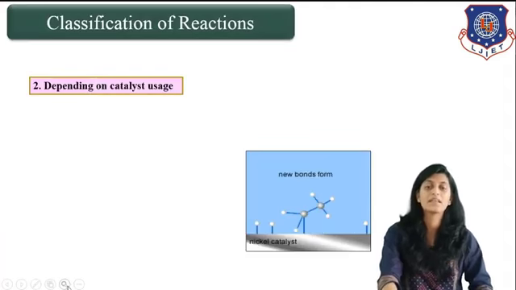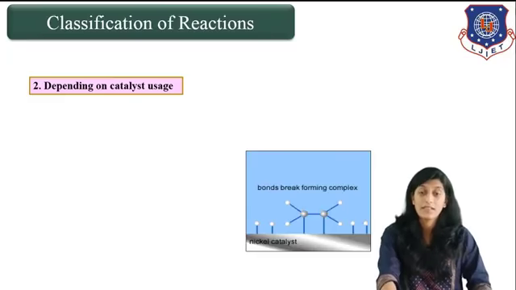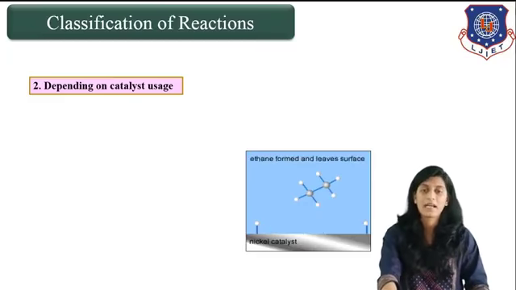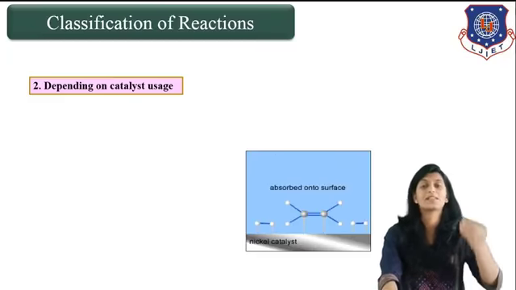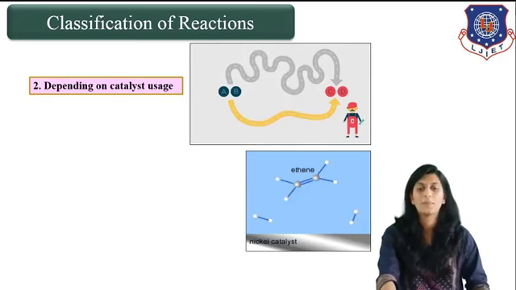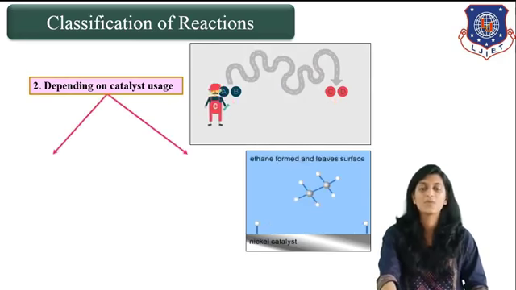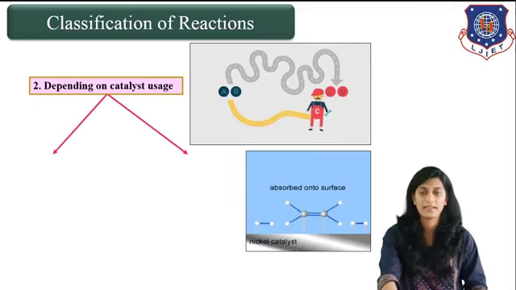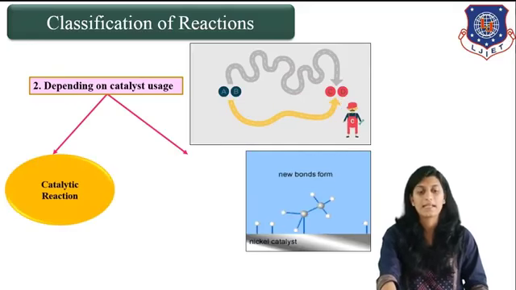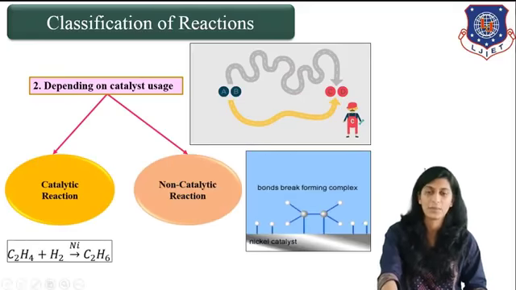Next comes the usage of catalyst, that is, whether the given reaction utilizes a catalyst or not. Depending on the usage of catalyst, we get two different categories. It can be a catalytic reaction or a non-catalytic reaction.